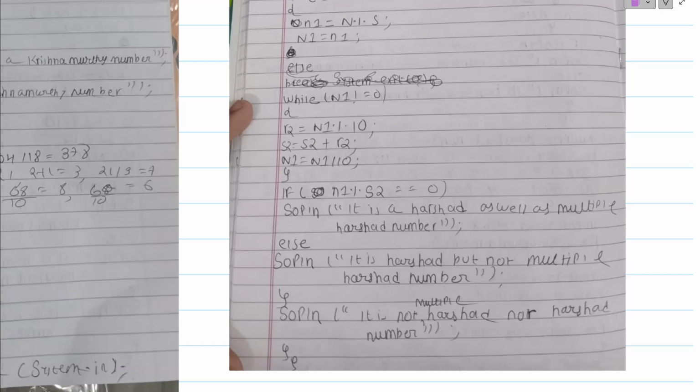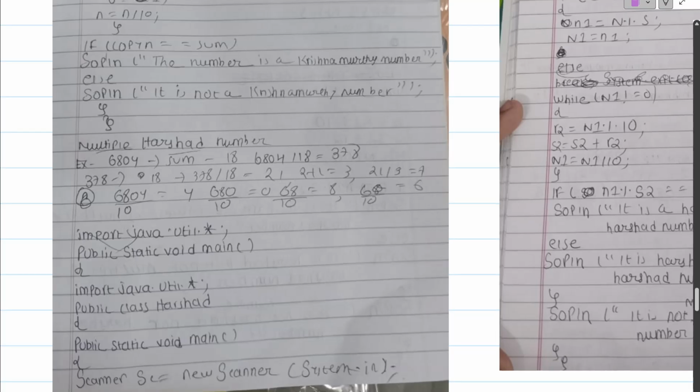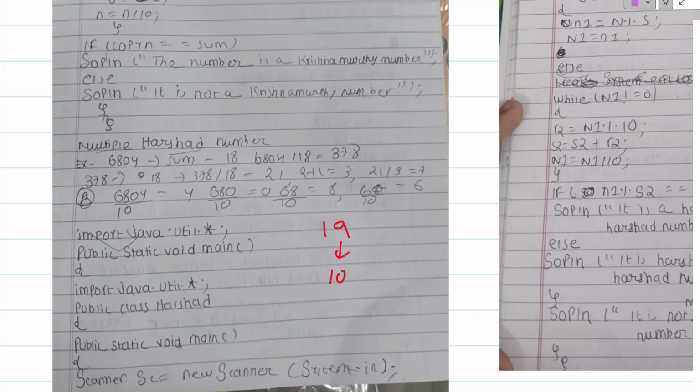Okay, from here I could notice, and yes, we have understood this particular thing, that it's not everywhere that your sum of digits will be divisible with the given number. Suppose if I have taken 19, the sum of the digits will be 10. My 19 is not divisible by this 10, right?